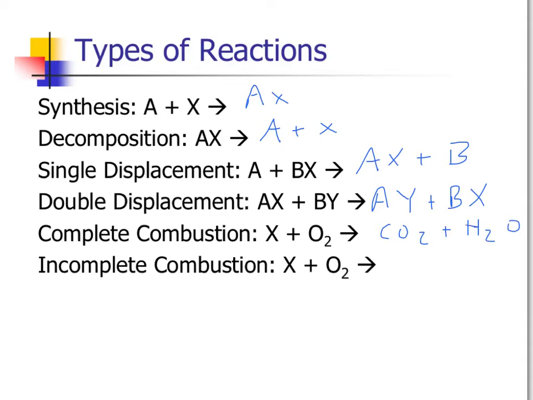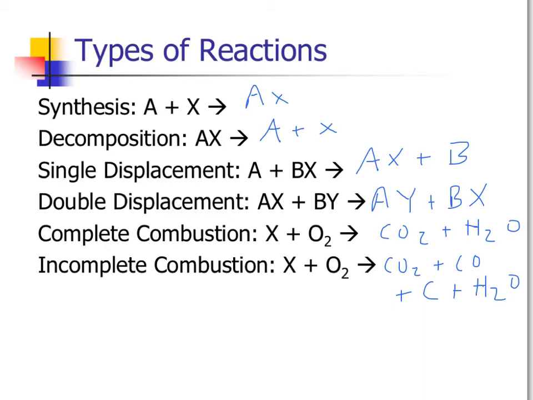If I do an incomplete combustion reaction, that's created if I don't supply the hydrocarbon with enough oxygen, I get more products. I'll make carbon dioxide, carbon monoxide, solid carbon, and water.